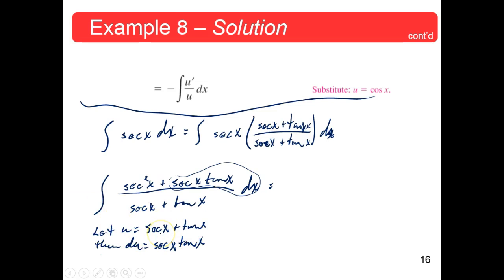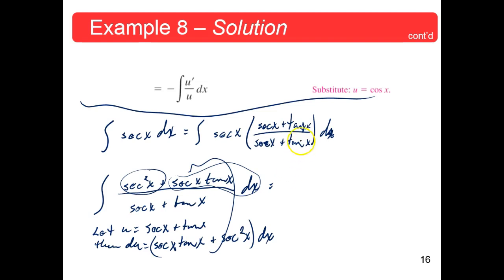This is the derivative of secant x. What's the derivative of tangent x? Also on the front inside cover. Secant squared x, isn't it? And that's what we have here. So lo and behold, and then this whole thing times dx, that's your entire numerator here.